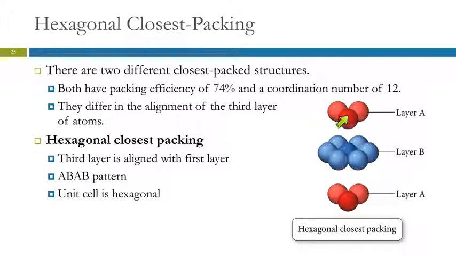So here this red one is exactly above the one on the first level. So these line up exactly, and then these are in between, staggered. So this is an AB-AB pattern. This unit cell is actually not a cubic unit cell, it's a hexagonal unit cell. And so this is called hexagonal closest-packing.